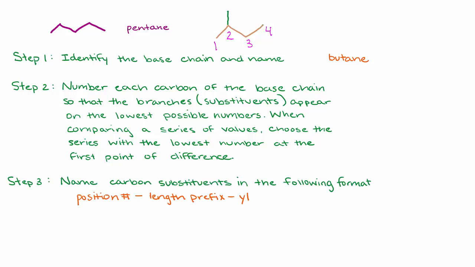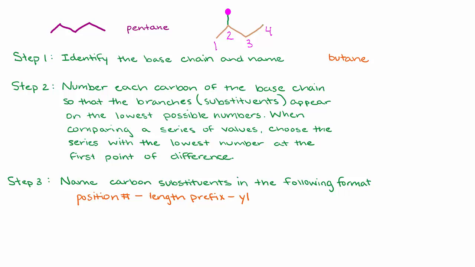Step 3. Name the carbon substituents in the following format: a position number, dash, the appropriate length prefix, dash, and yl, used to indicate that this piece of the molecule is a substituent. The substituent has only one carbon atom. Be careful to never recount carbon atoms that are part of the base chain.